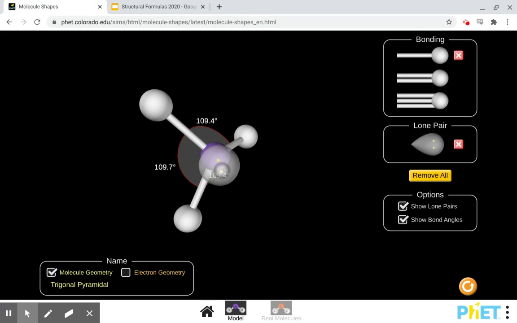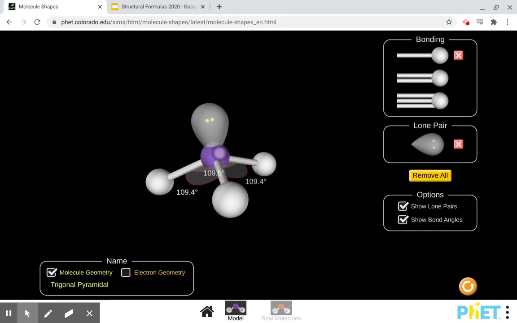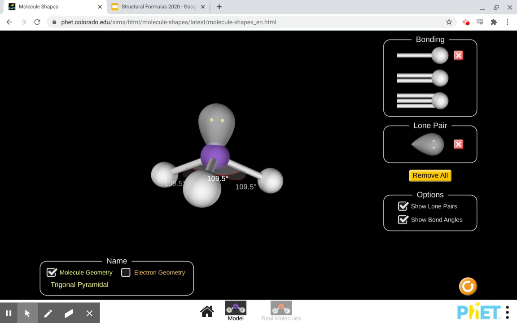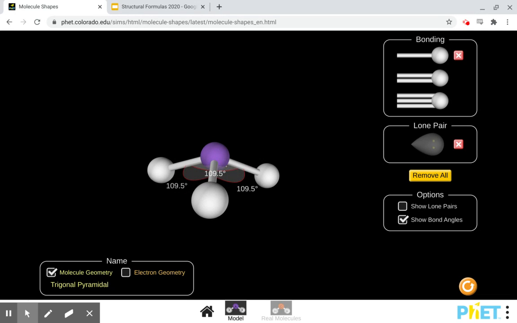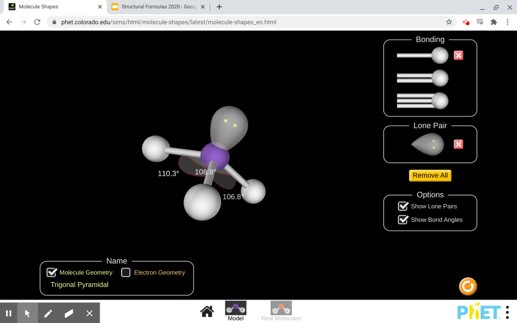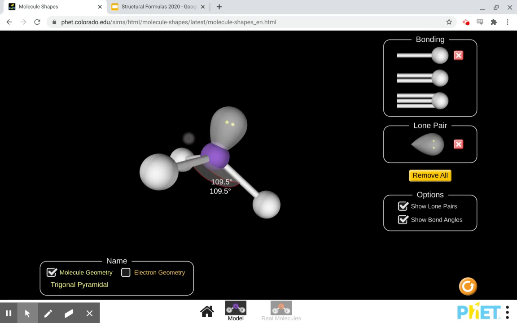If we kind of look at it this way, it makes a pyramid shape. It's a triangle-based pyramid. If we hide the lone pair from our view, you can kind of see the triangle shape better. But essentially, what adding that lone pair does is it takes something that's a flat triangle and it pushes it down into a pyramid.